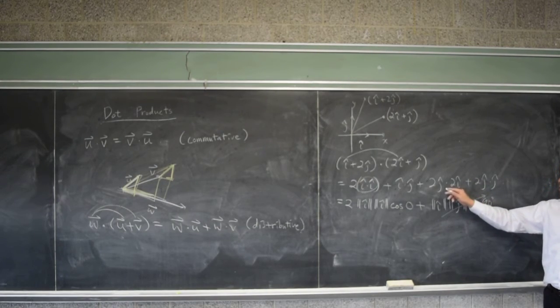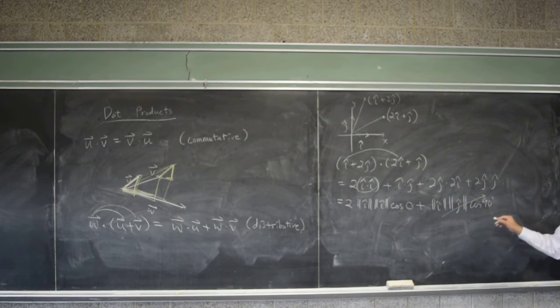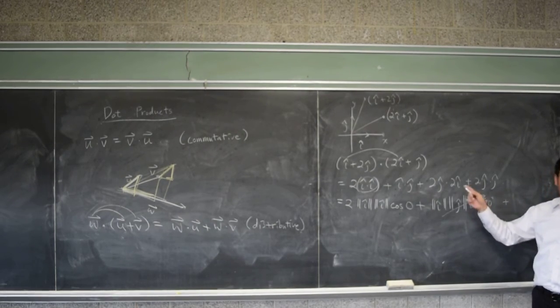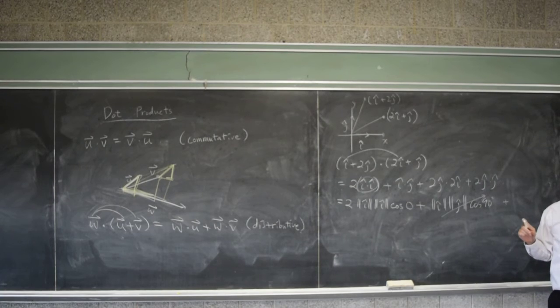And then, how about this one? Twice j dotted with twice i. What would that give us? 4 i dot j. But what's i dot j? That's my question. 0, because they're perpendicular. Any orthogonal vectors will give you 0, so this will be 0.